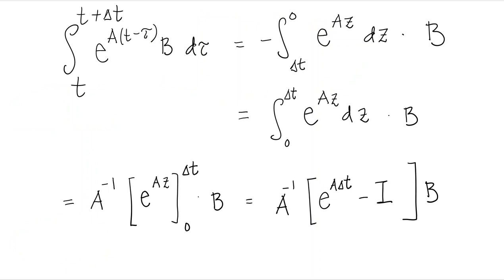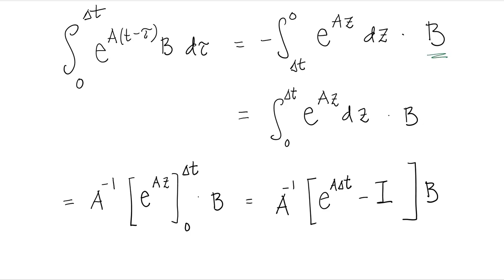So our new integral is minus the integral from delta t to 0 of e to the Az dz, and the B, because it doesn't depend on z, goes out.